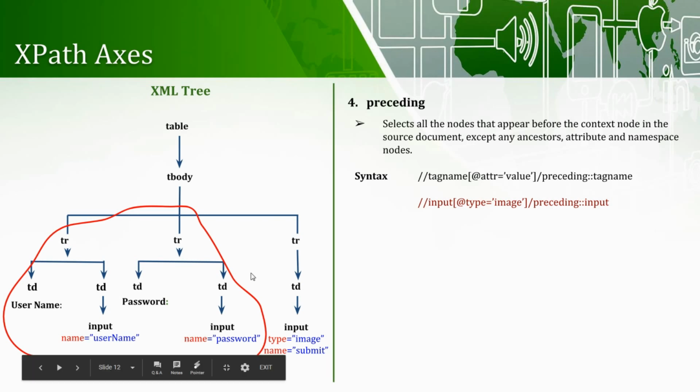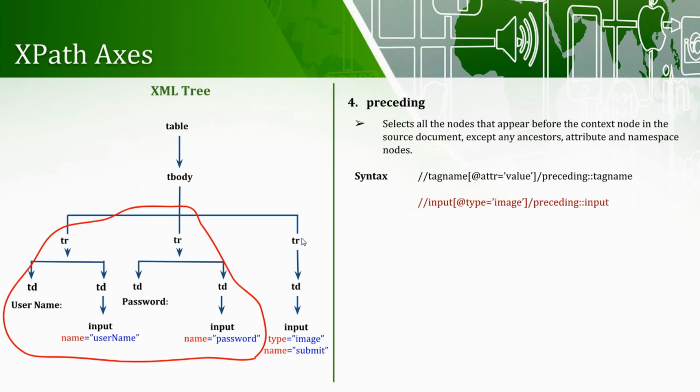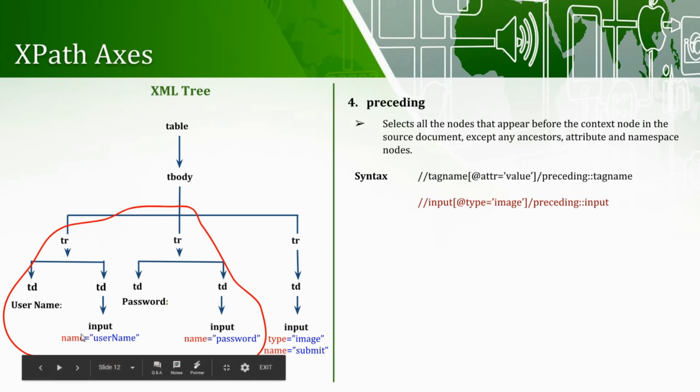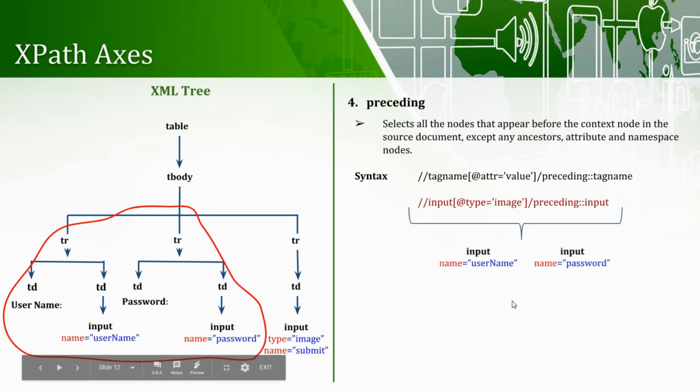So any node that appears before the input node will come under the preceding output, but it will not select the tr and td because they are the parent. Now I have said ::input. So under this I have two input tags, name equals to username and name equals to password. Username input text box and password input text box. So the output will be both the input text boxes.